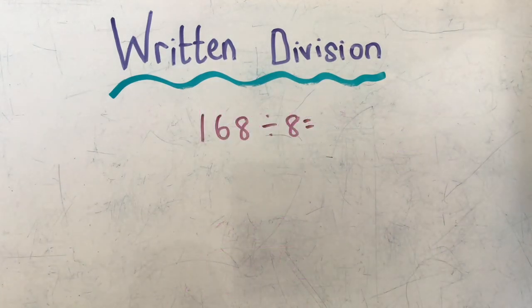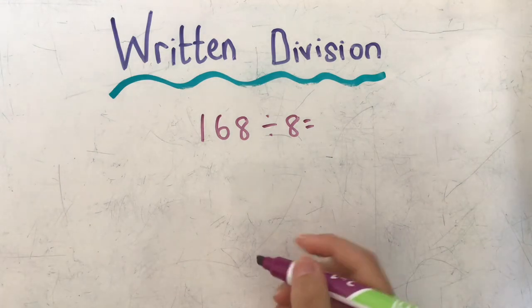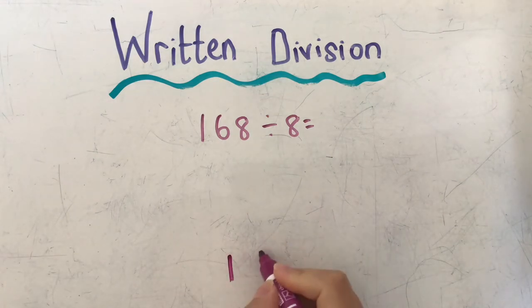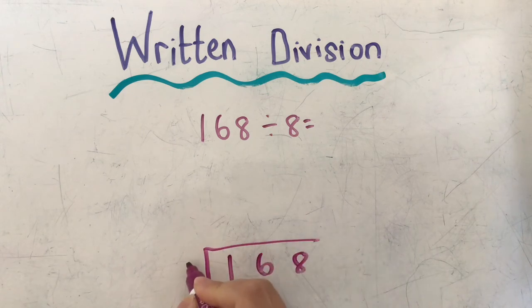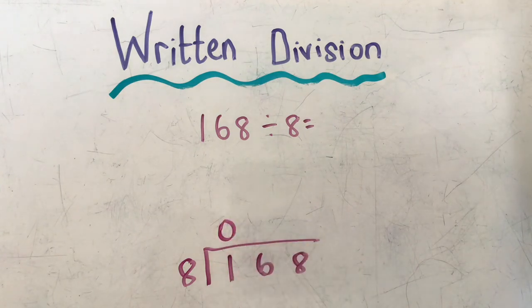So your final question was 168 divided by 8. Let's draw that out. First of all, 8 goes into 1 0 times, so we carry over the 1. 8 goes into 16.